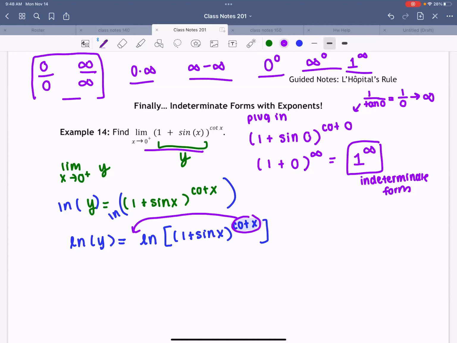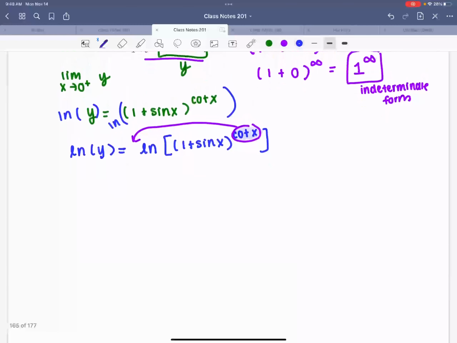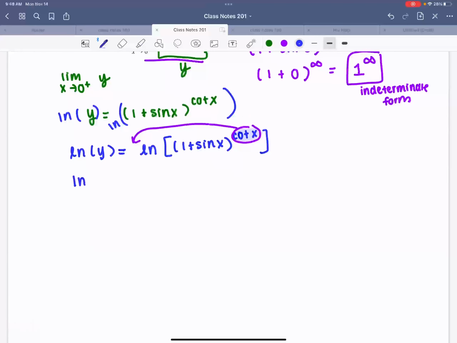I know it sounds confusing. In the future, we're going to make this more systematic so you'll know what to do. You're not going to have to be too creative here. But this turns into the natural log of y equals cotangent of x times the natural log of 1 plus sine of x. Does everyone see how I got from this step to the next?